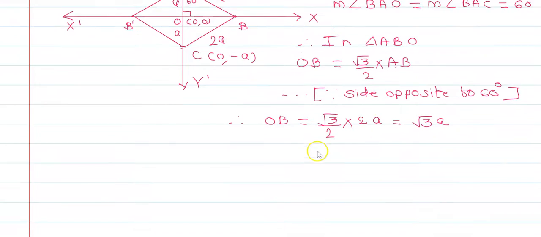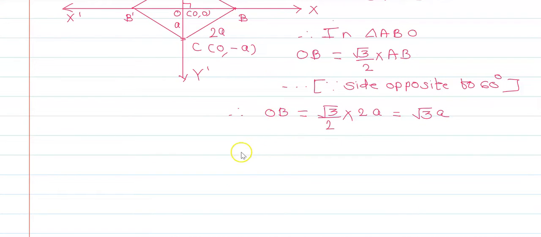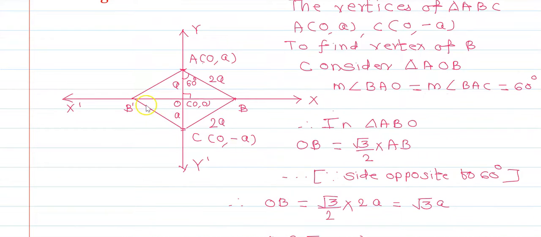OB is root 3a, and therefore the coordinate of point B is root 3a and 0. What about B dash? This figure is symmetrical, therefore the coordinate of the point B dash is minus root 3a, 0.